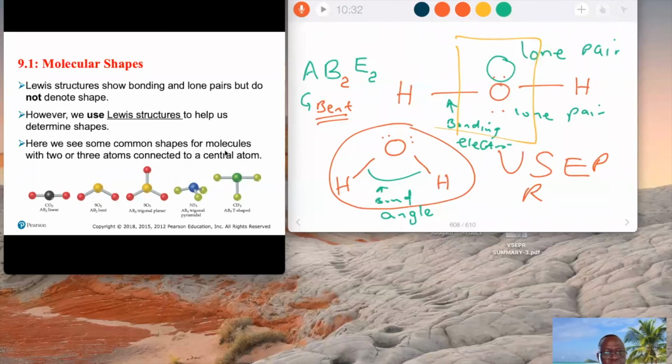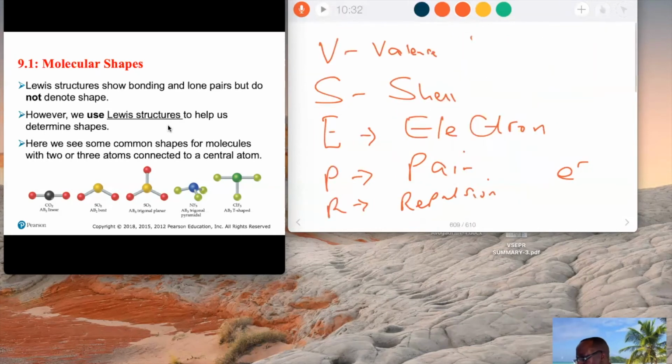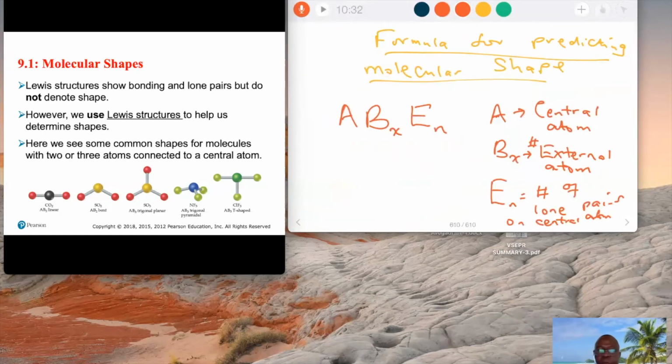Likewise, AP3 means the central atom here is A and we have three external atoms. We'll come back later to why this is trigonal pyramidal, but the point I want to bring is how we use this general formula.